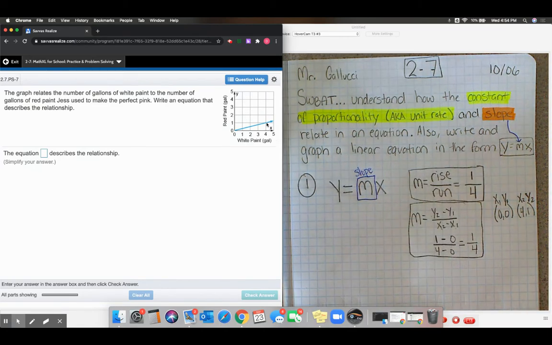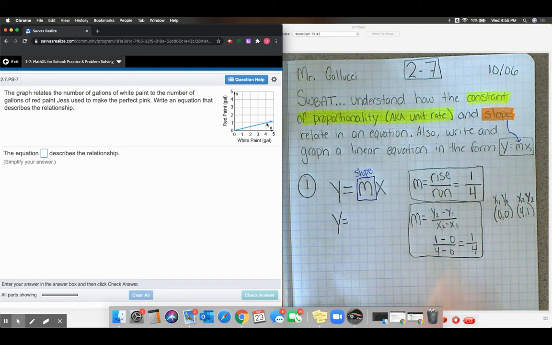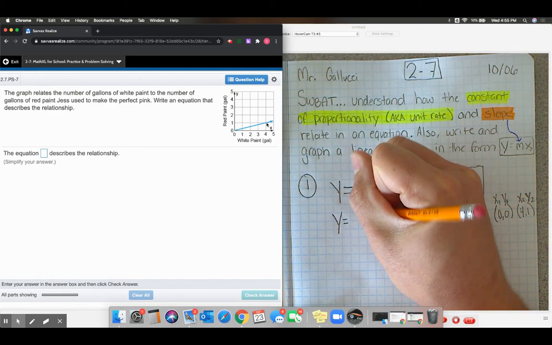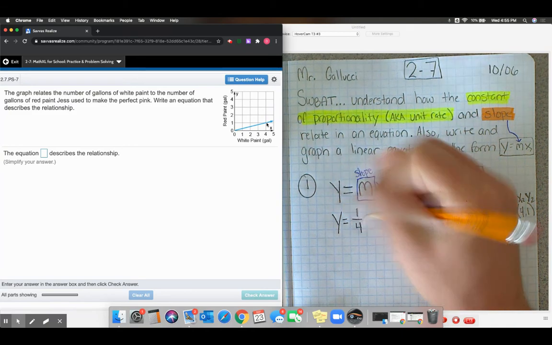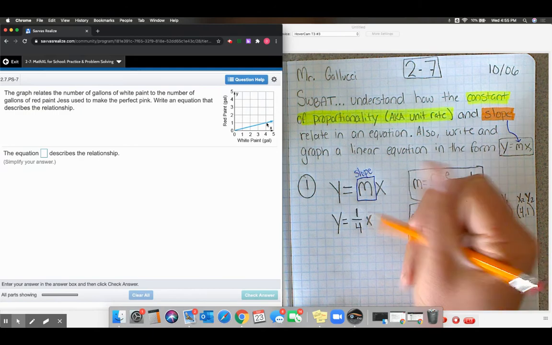So the way you're going to write an equation that describes this relationship is y, the number of gallons of red paint, is equal to 1/4 the number of gallons of white paint. And that's your answer.